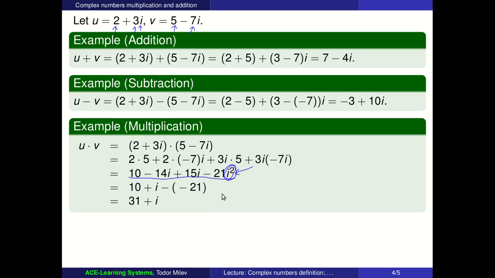but I exploited the fact that i squared can be replaced with negative 1 in order to convince you that the product of two complex numbers, so two numbers of the form real number plus a real number times i, is again, after some simplifications, transformed to the form a real number plus another real number, the number 1 times i.